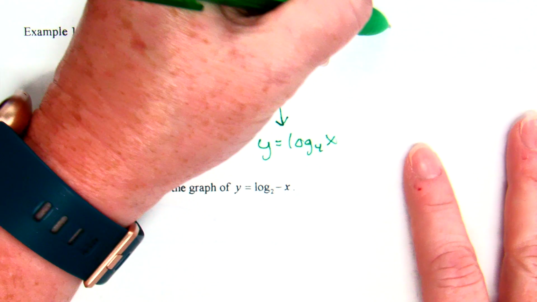And so it officially said sketch the graph. So if I throw the graph on here real quick. Kind of a flat one, but it looks like that.